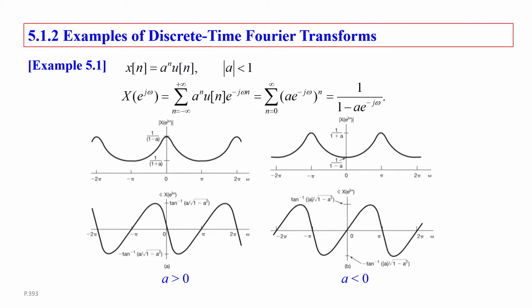In our x domain, we have our exponential decay function, once again cut off at n equal to 0. For it to be convergent, it better be an exponential decay, so the absolute value of a better be less than 1.